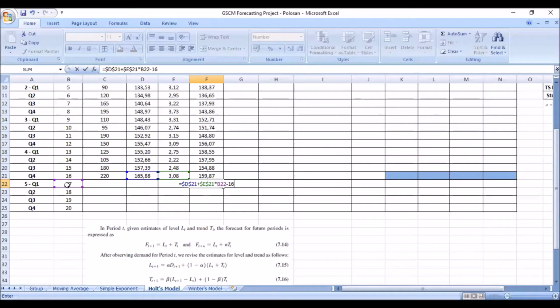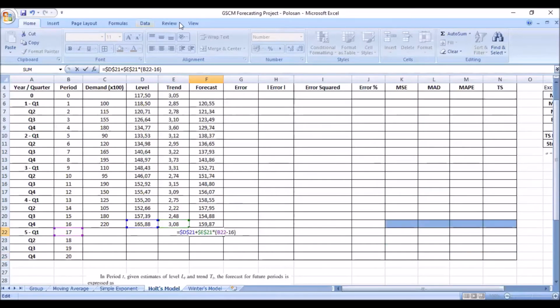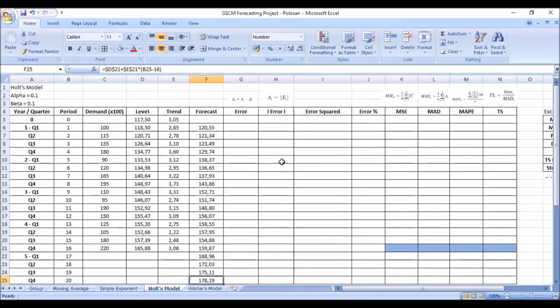And don't forget to multiply it by n, which can be found by using the last period minus 16, which is the passing period, which will also correspond to all of the upcoming forecasts. And then just enter it. After that, we just drag it below, and we will find the last 4 forecasts with their corresponding periods ahead.